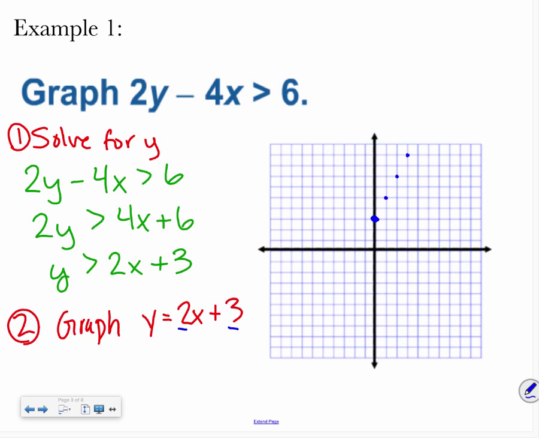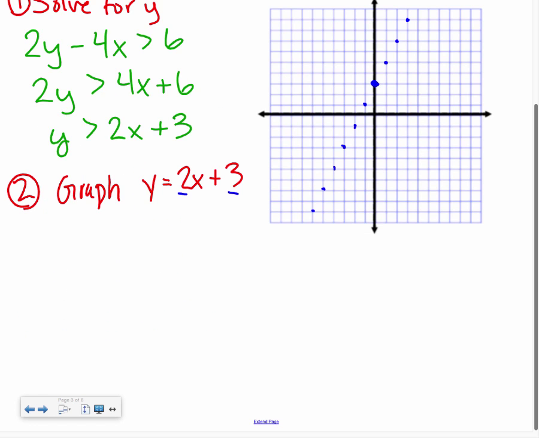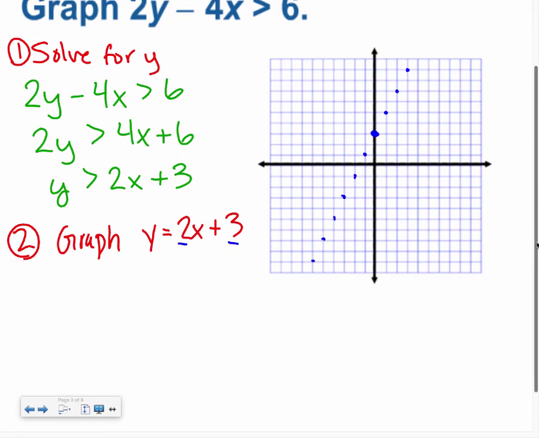And I can also start at my intercept, and I could also go the other way. I can go down to left 1, down to left 1, down to left 1, until I have all these points. Alright, so I have the dots.